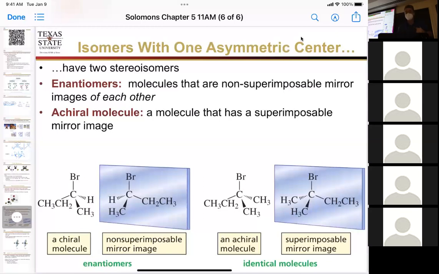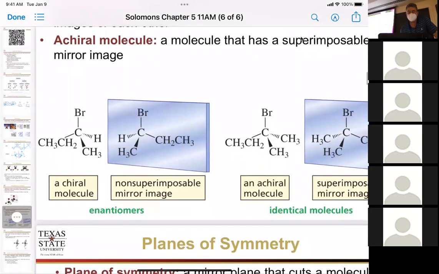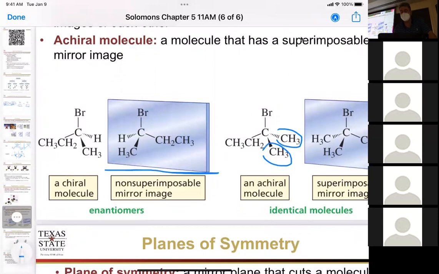So if we look at our compound here, we draw our mirror image of it over here, and we try to superimpose it on there. We're going to see the methyl group and the ethyl group are not going to line up. They're going to be overlapping each other. But in this one right here, notice we have 2 methyl groups. So we switched out a hydrogen for a methyl group.